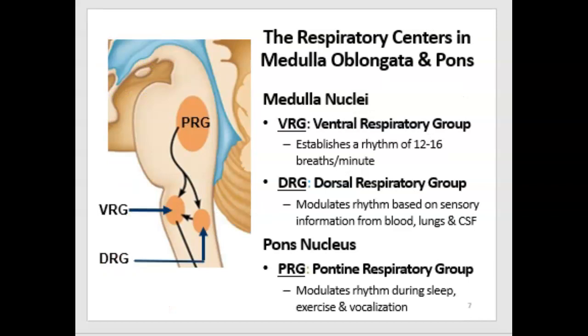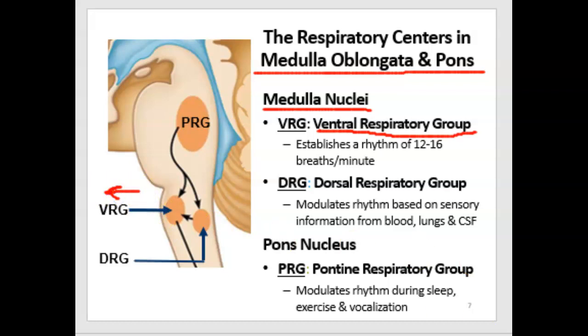Okay, let's examine the respiratory center in the medulla oblongata and the pons in a little bit more detail. The medulla oblongata actually has these two neuron groupings that we call nuclei. One is called the ventral respiratory group, often abbreviated VRG, because it's ventral, which is this way.